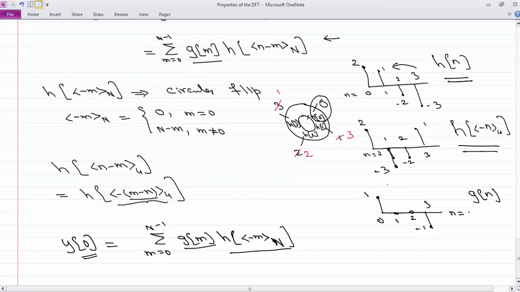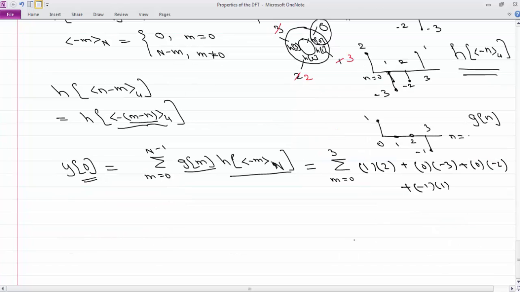I do linear convolution. I multiply point by point and then add them all up. So for this particular thing, I have m from 0 to 3. I do g0 and then this value, so I have 2. I get 1 times 2 plus 0 times minus 3 plus 0 times minus 2 plus minus 1 times 1.